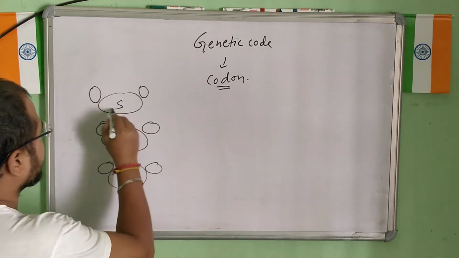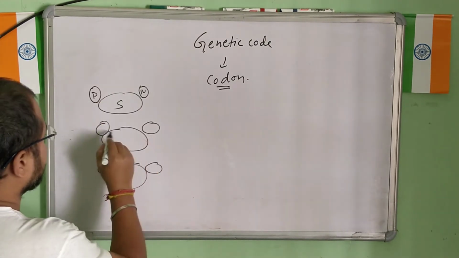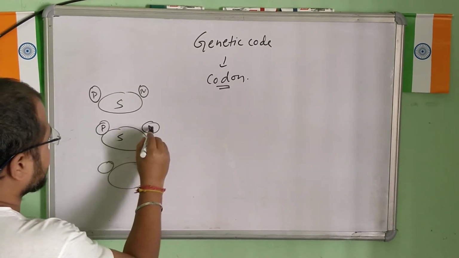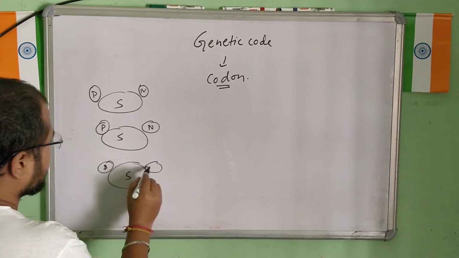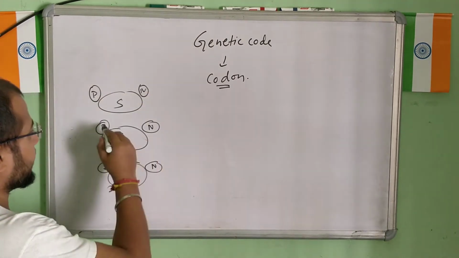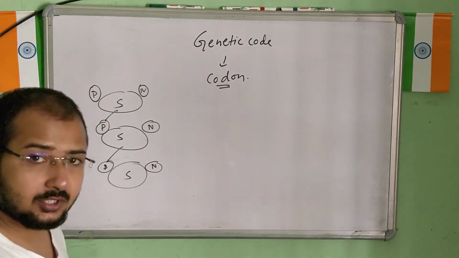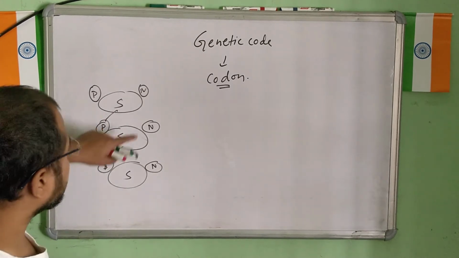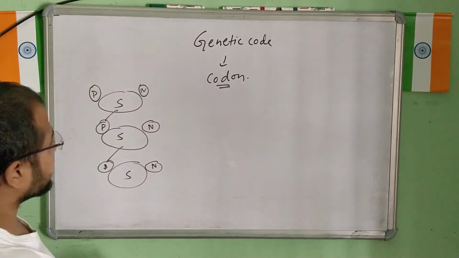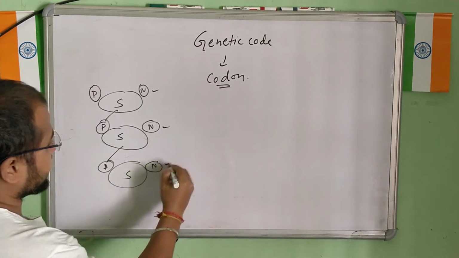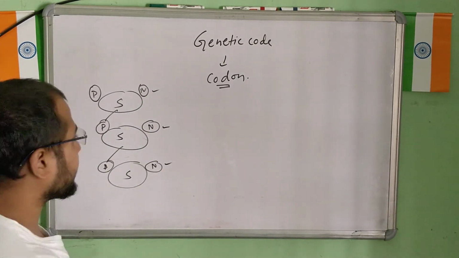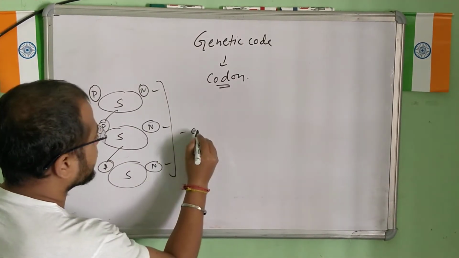Okay, so sugar, phosphate group, nitrogenous base, sugar, phosphate group, nitrogenous base. Like this, the sequences are here in the RNA structure. Now here you see the nitrogenous bases there.